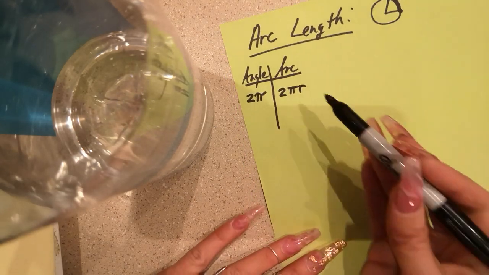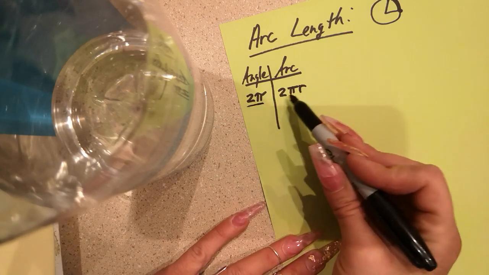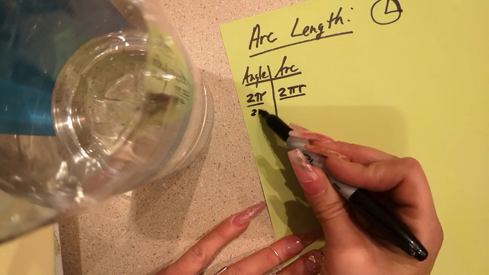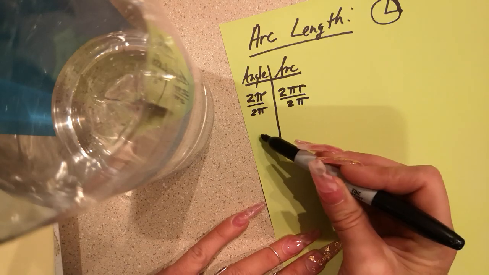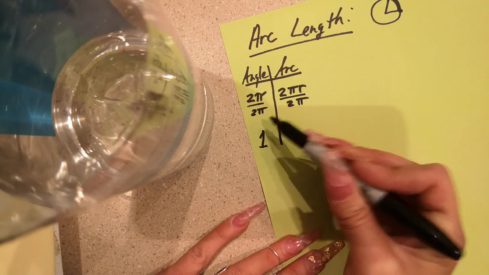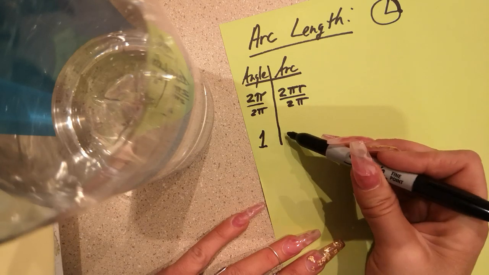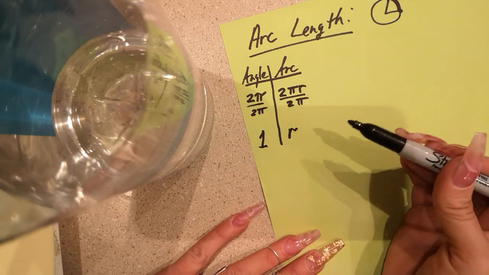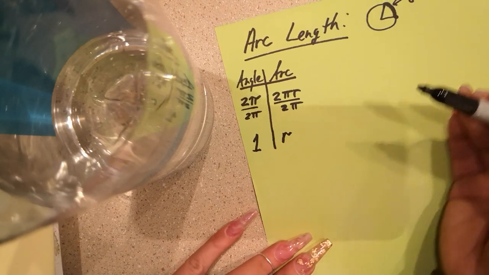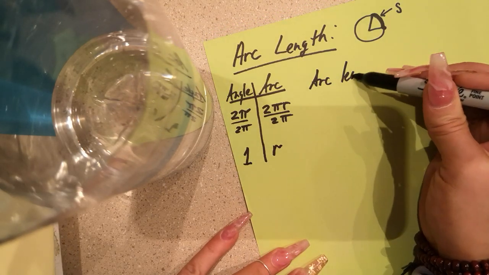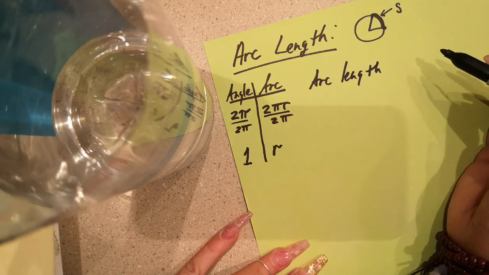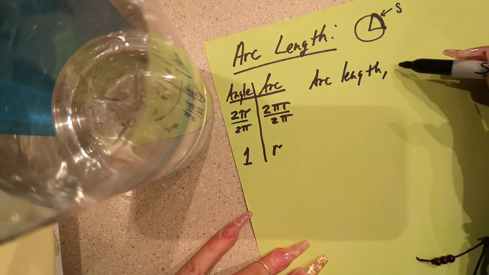So actually this formula is going to turn out nice and simple. I'm going to, again, divide both sides of this by 2 pi so that I know that every 1 radian here corresponds with an arc length of just r. So I actually have my conversion factor and a formula for arc length.